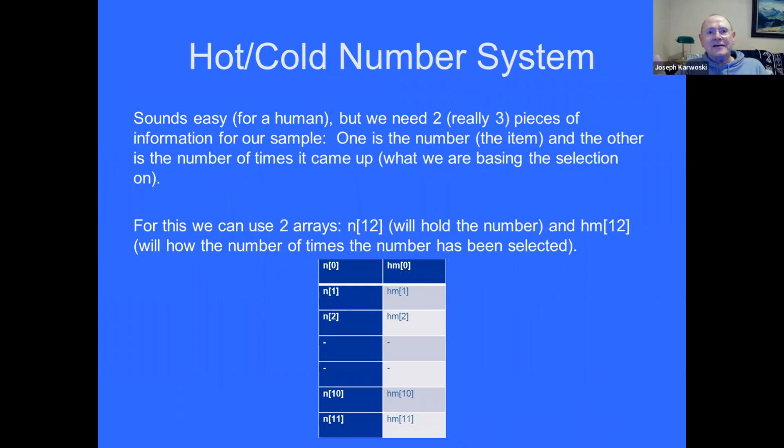But the hot and cold systems, for the humans, easy. You look at the list of numbers and you go, oh, I like the numbers 1, 5, 10, 16, 25, 30. Oh, wait, we'll stop at 25. And then you put those on your card. Okay, if we're picking 11, you pick 11 numbers and you wheel them that way, piece of cake.